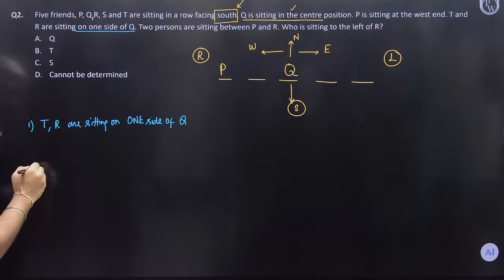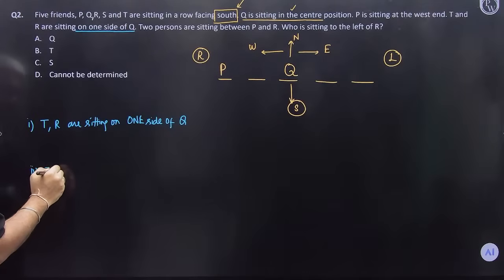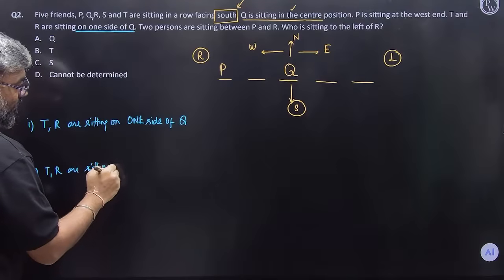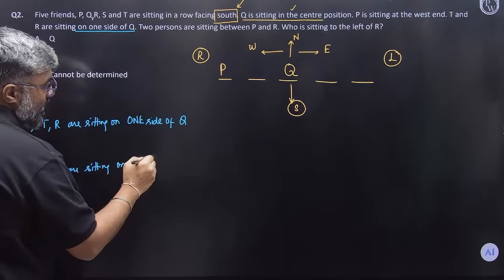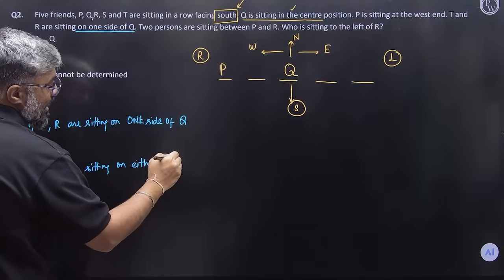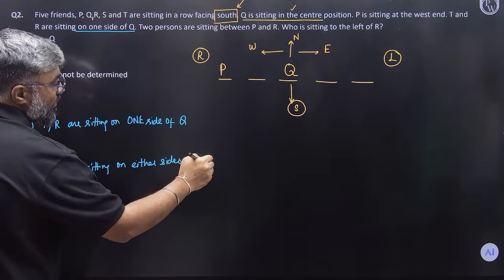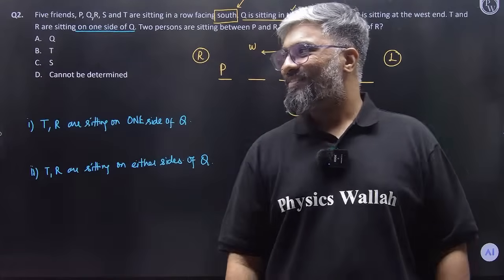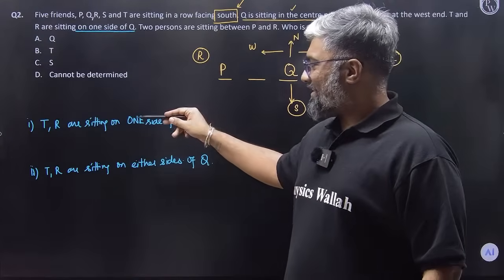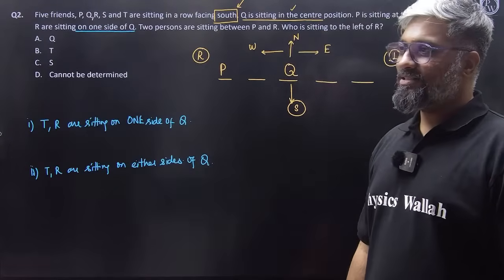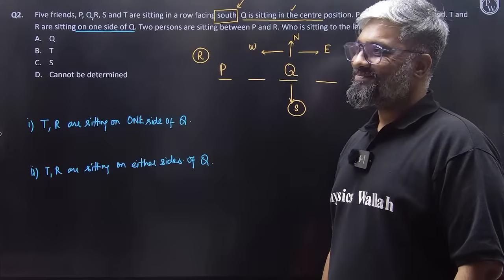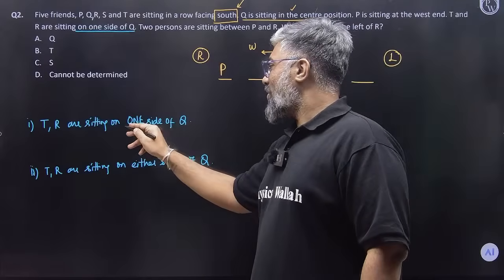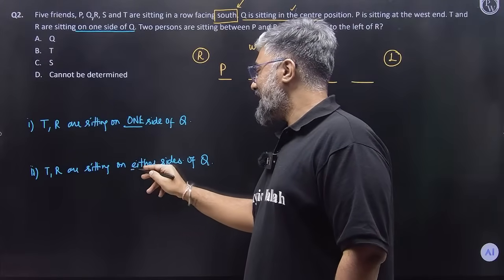Is this the same as T and R are sitting on either sides of Q? Are these two the same statements or different, guys? On one side, on either sides.